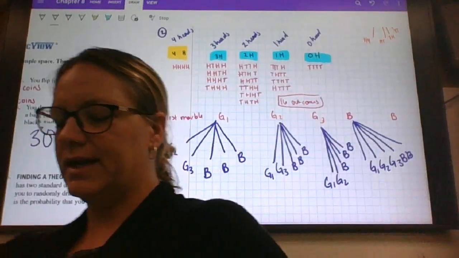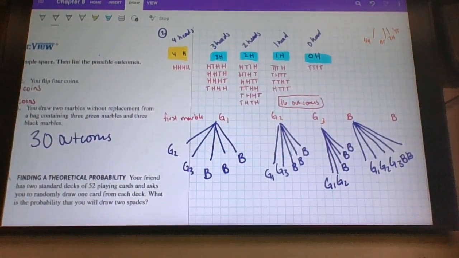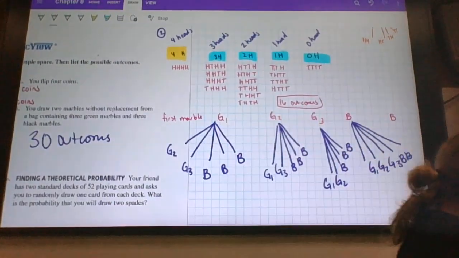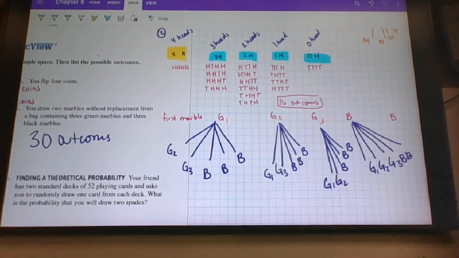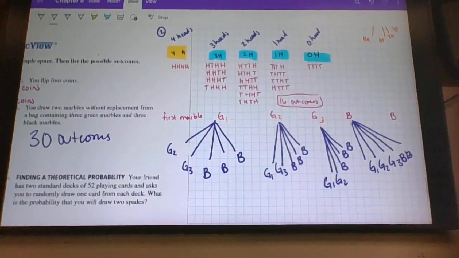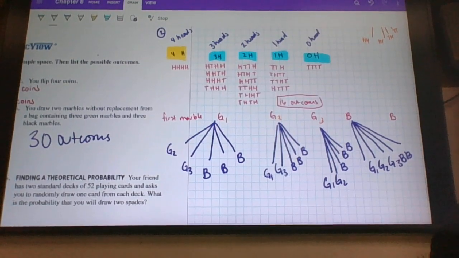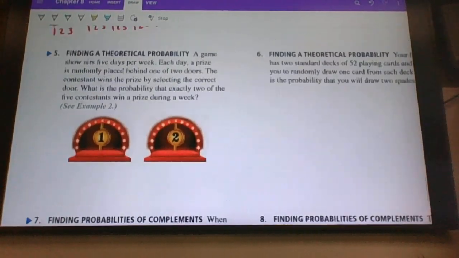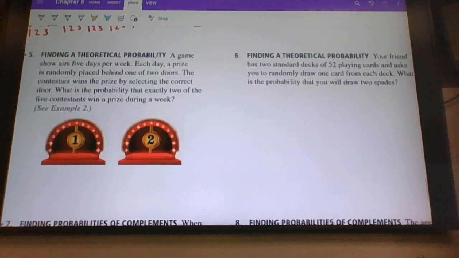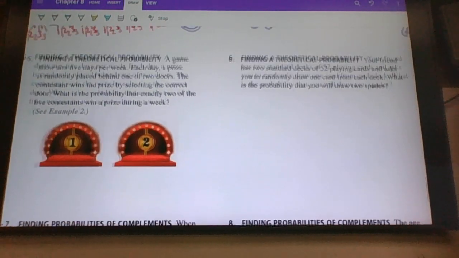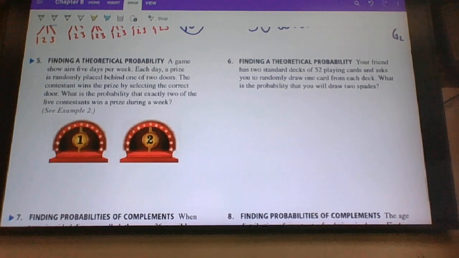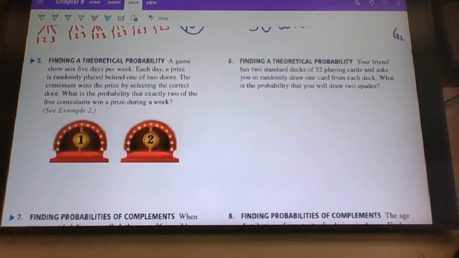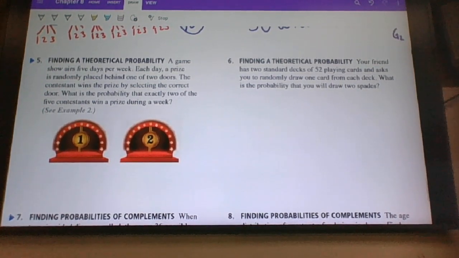Okay. Our assignment today is 5 through 15. 5 is the most difficult one, so we need to work on it right now. What I'm gonna do, if you are able to come up with the entire list of possibilities for number 5, I'm gonna give your group extra credit.